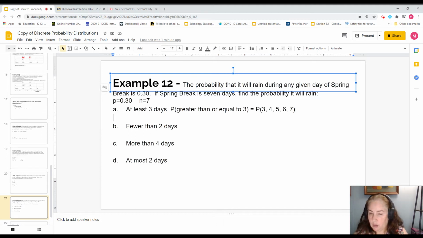Again, that is 0.2269 plus 0.0972 plus 0.0250 plus 0.0036 plus 0.0002, and that's equal to 0.3529.